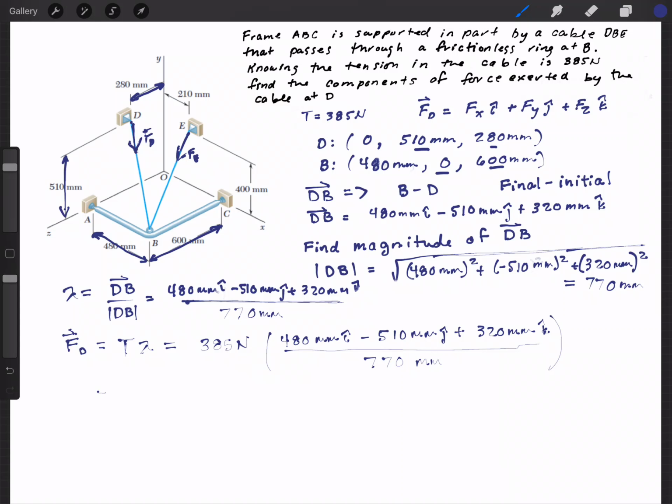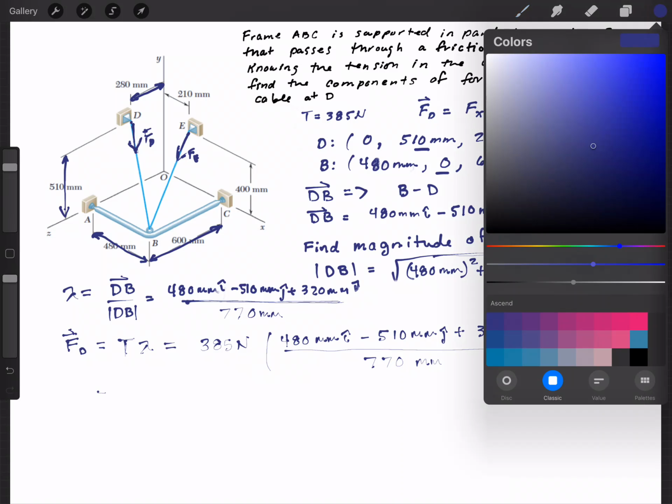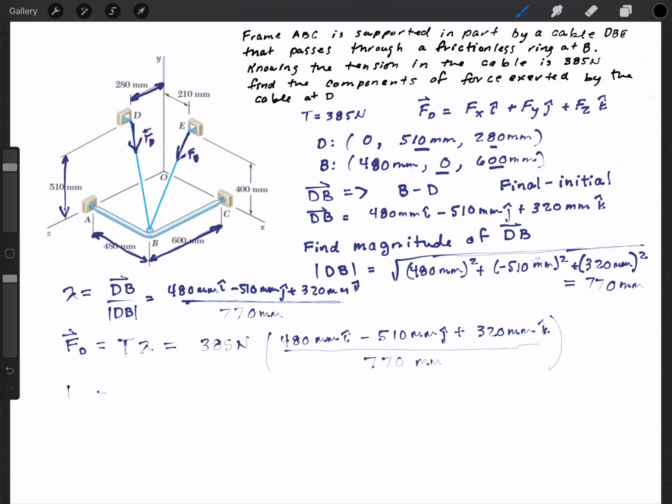Then our force at D, in the direction of B, is going to be 385 newtons, and these are all millimeters divided by millimeters, so our units will be newtons.